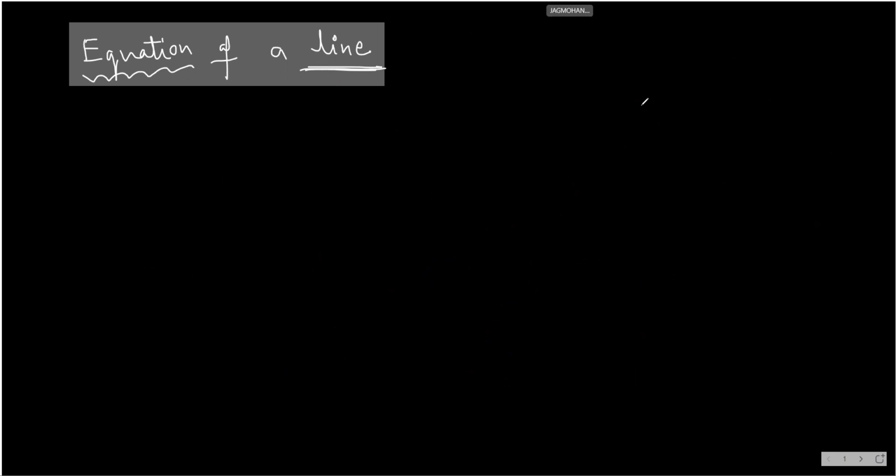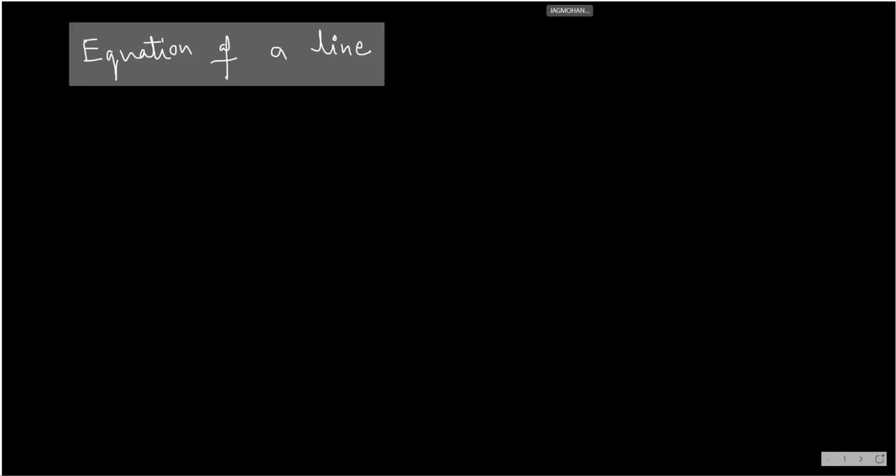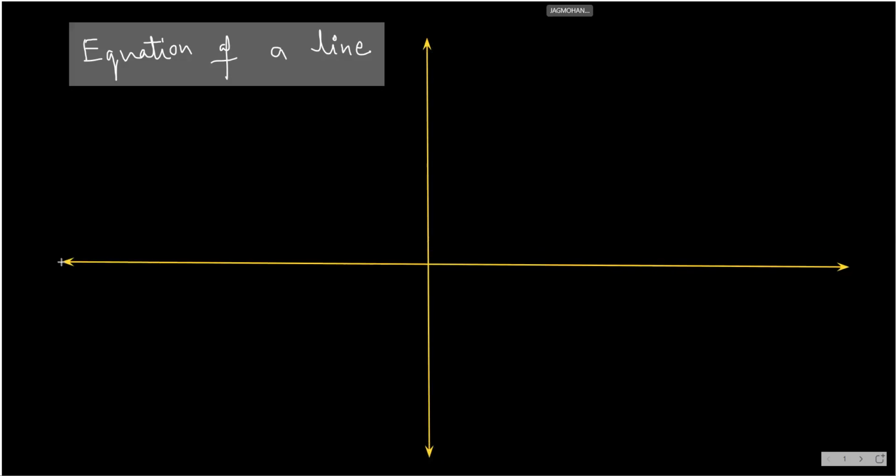So let us understand the concept of the equation of a line. Students, the first thing that we will do is go for a line which is parallel to x-axis. So here we have x-axis.